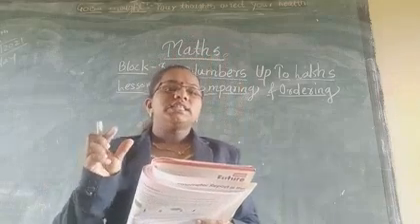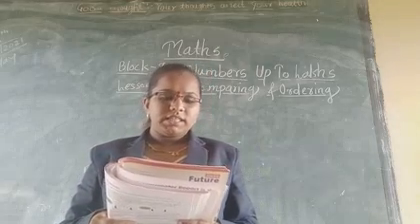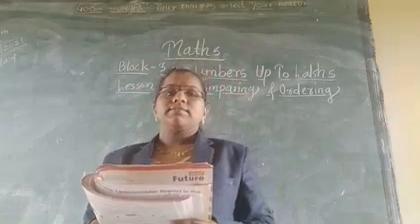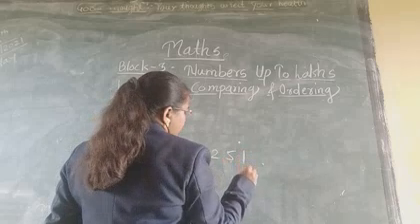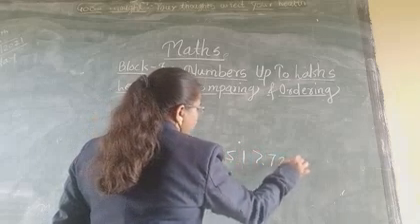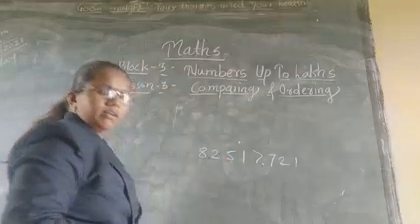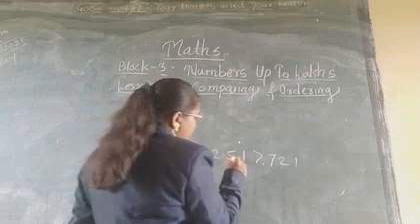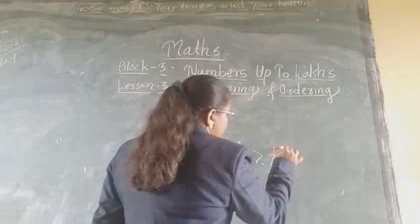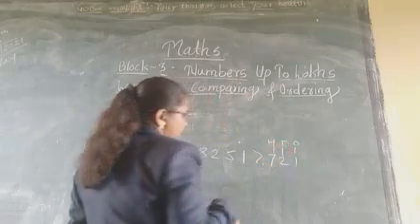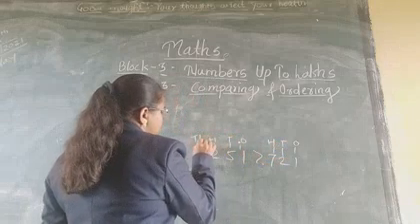If the numbers have different digits, comparing them becomes easy. The number with more digits is greater than the number with fewer digits. Suppose 8251 is greater than 721. Why is 721 less than 8251? Because 721 has ones, tens, hundreds, but 8251 has ones, tens, hundreds and thousands.